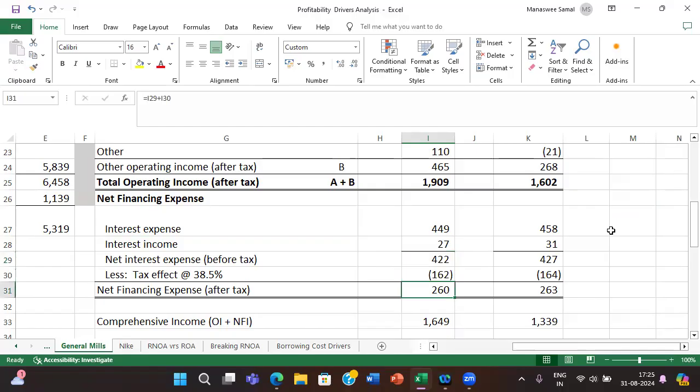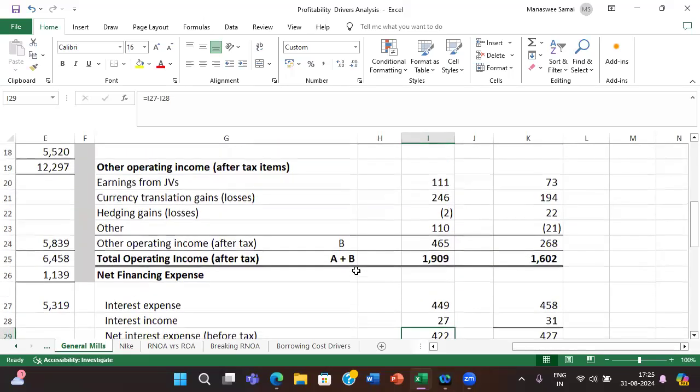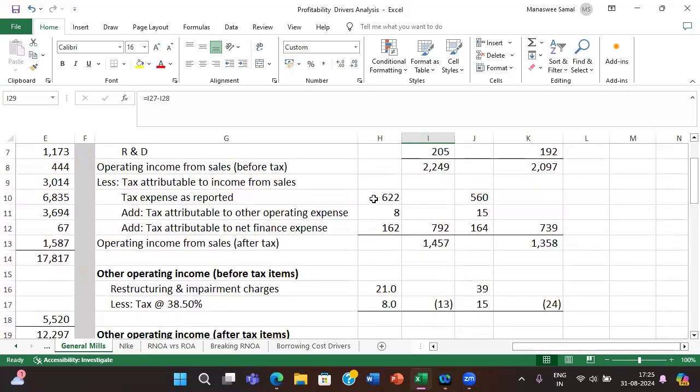So the moment you attribute 162 of tax expense related to this item, the question is, when you go for the adjustment of the reported tax figure 622, should you deduct it from 622 or should you add it? That requires a very simple understanding. You just think that the General Mills P&L hadn't got this NFE figure.